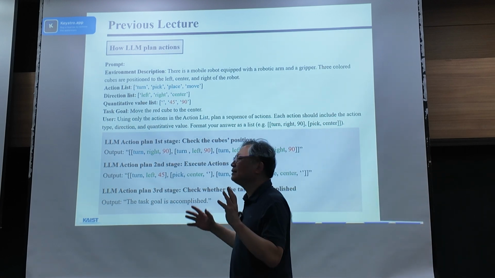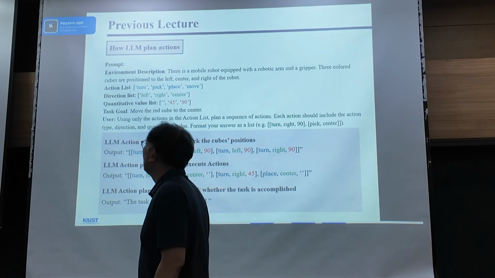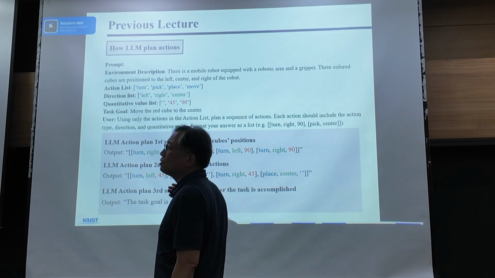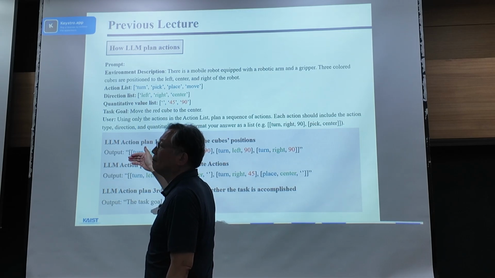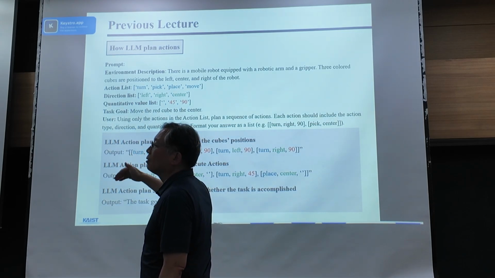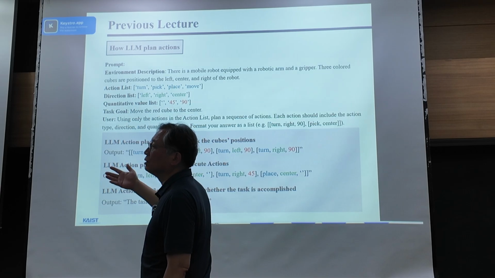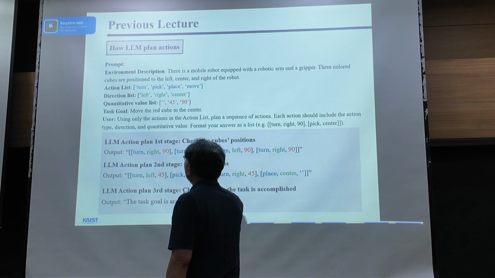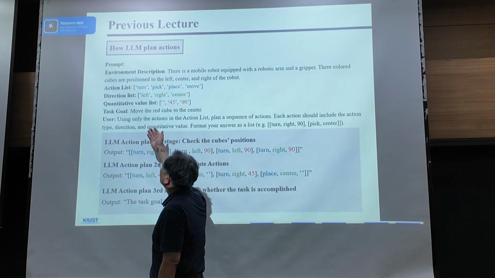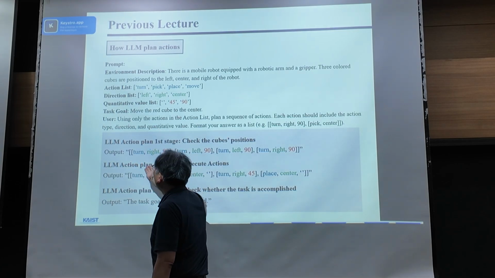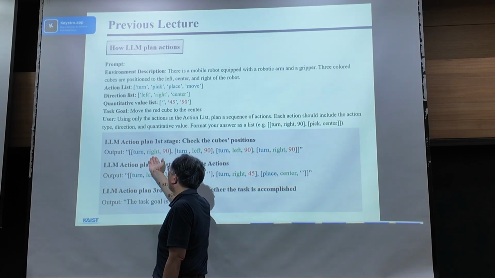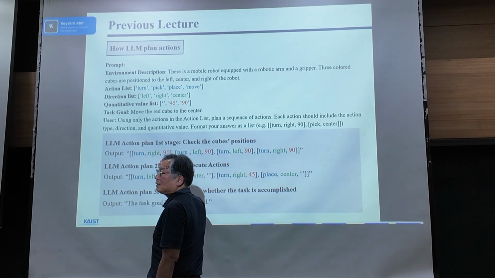Then, once these things are done, you need to tell the LLM the action groups. So here is what you have to define. One action group will be turn right 90.